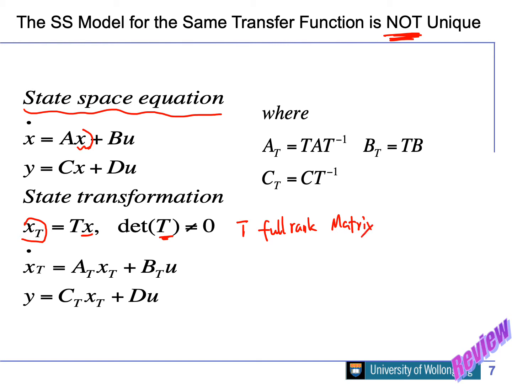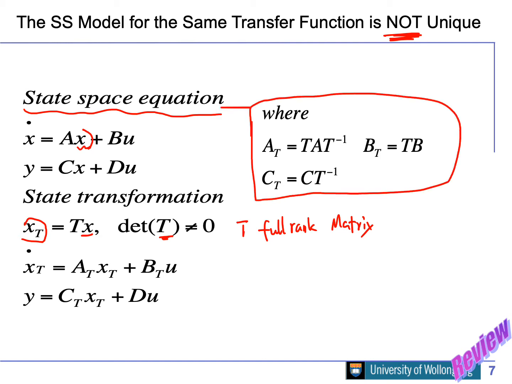As long as T is full rank, you can use T to do a transformation of the A, B and C. And you get a group of new matrices AT, BT, and CT. And we can write our original state equation with AT, BT, CT, and XT.